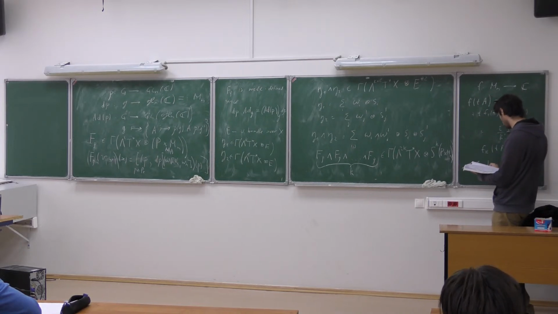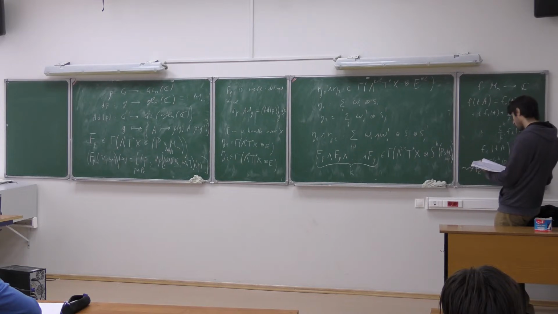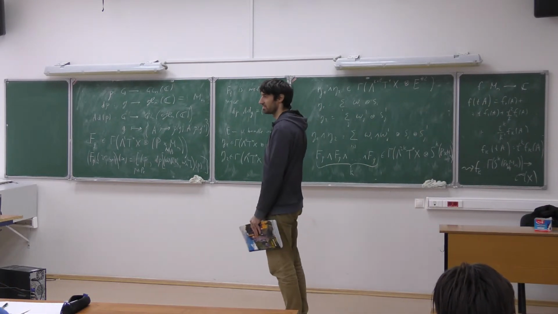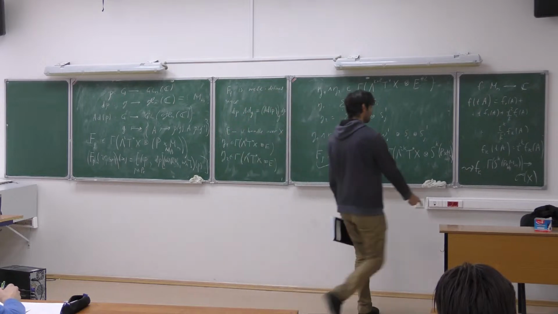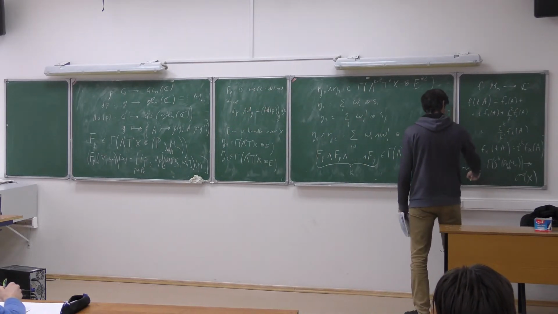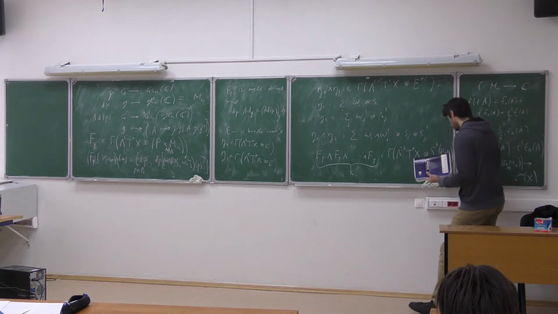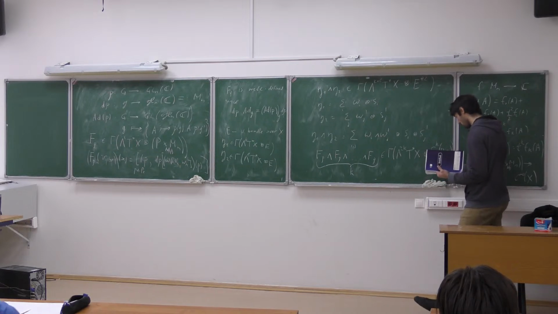So this will be from sections of this bundle S^k of P, Mn star, to C infinity of X, sections of the trivial line bundle, anyways C infinity of X. So how do I construct the Fk that goes from here to here? I need to somehow map this to C.